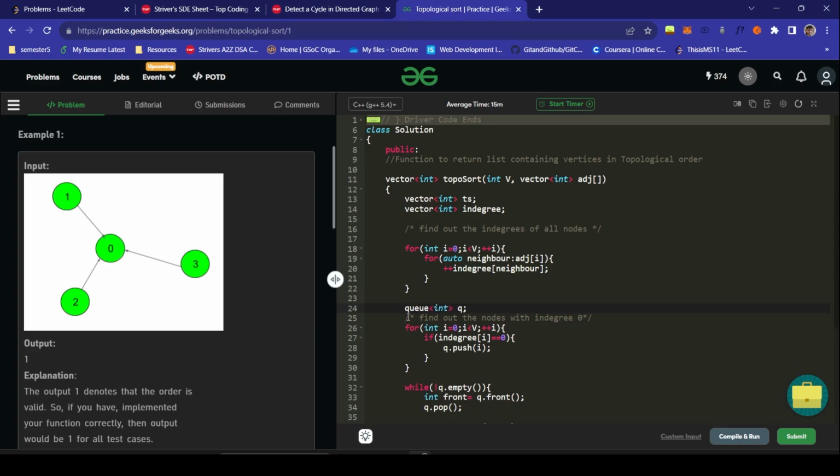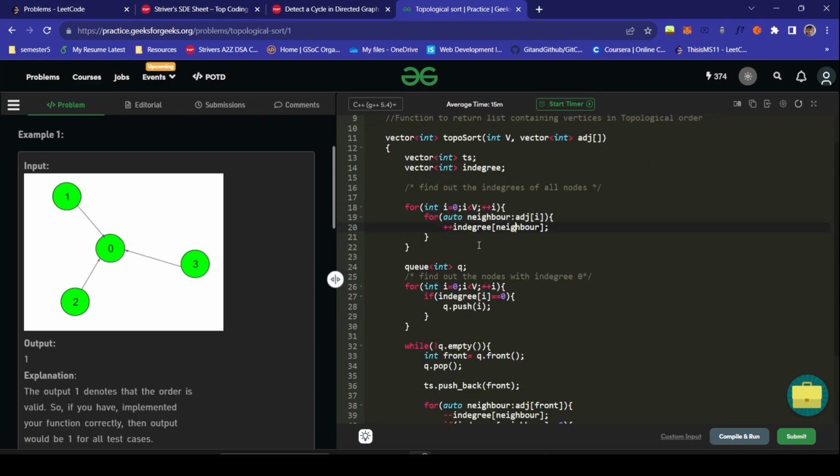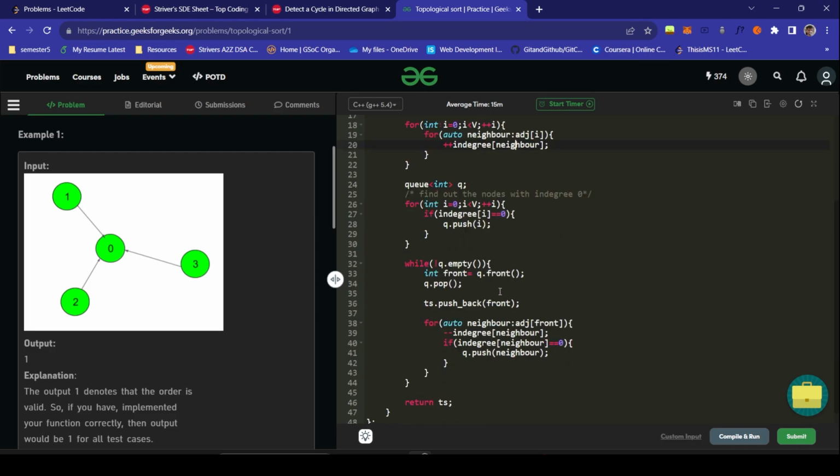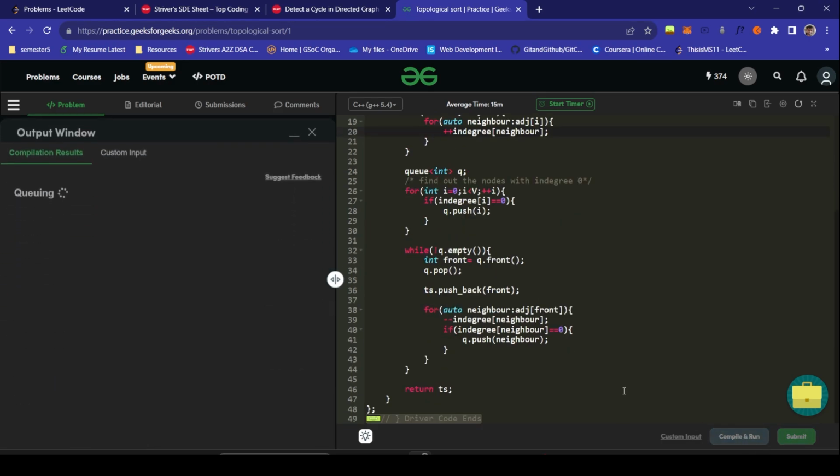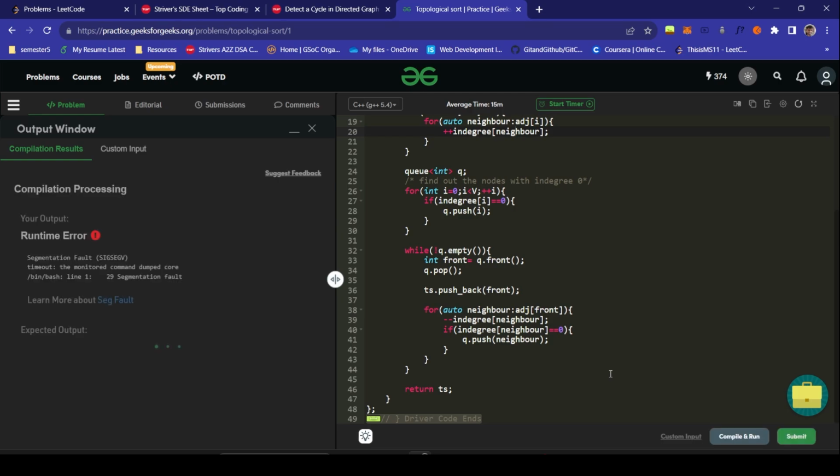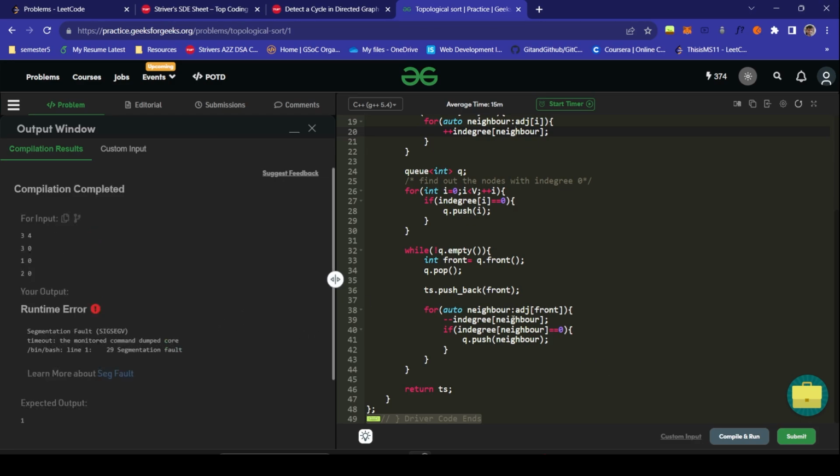Let me just try to run this and have a look. Is everything fine or not? So let me just try to run it. Segmentation fault. So where are we going wrong?